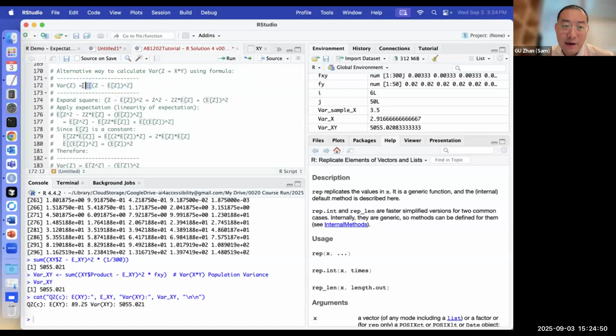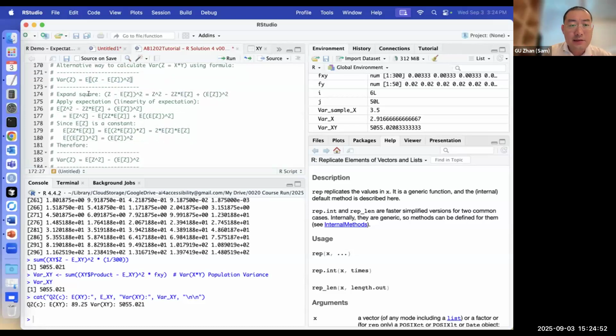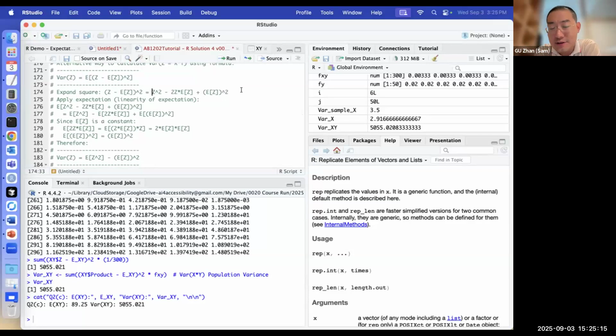So this is an E part, okay? Then we expand the square. So z minus E, square. It is z power 2 minus 2z times expected z, then plus expected z square. Okay, so that's standard algebra.